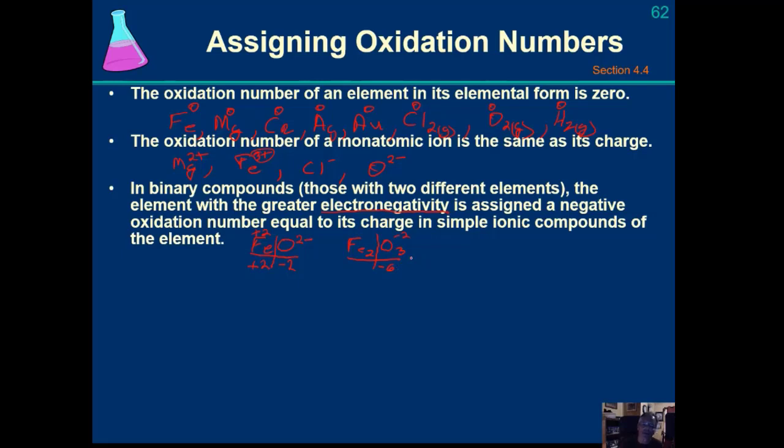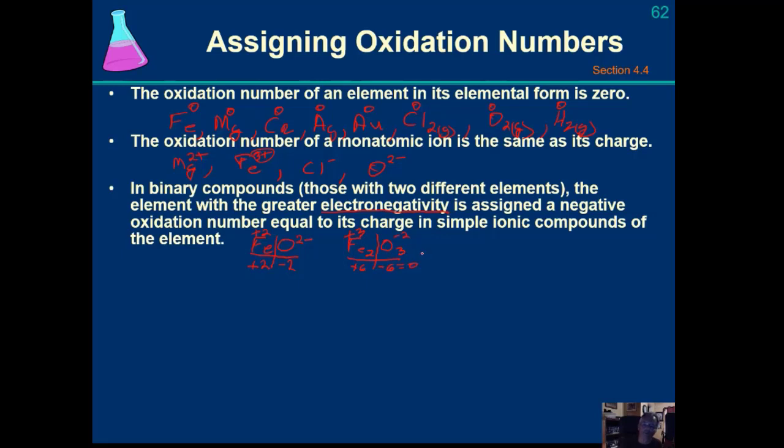All compounds are neutral, and so this has to be a +6. +6 and -6 is equal to 0 charge. That tells me this is a +3. Why? Because I've got 2 irons, so I have to split that +6 between those 2 irons. That tells me that that's a +3. This is iron(III) oxide.